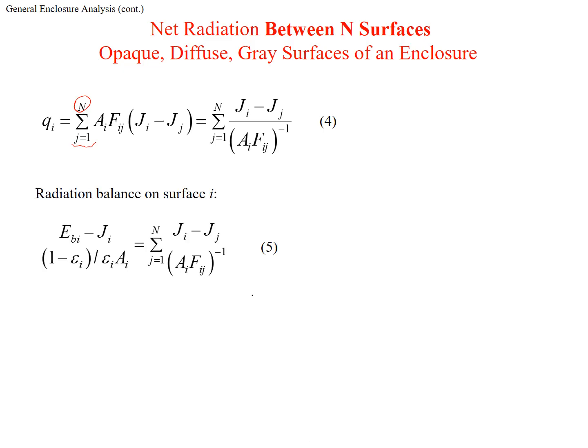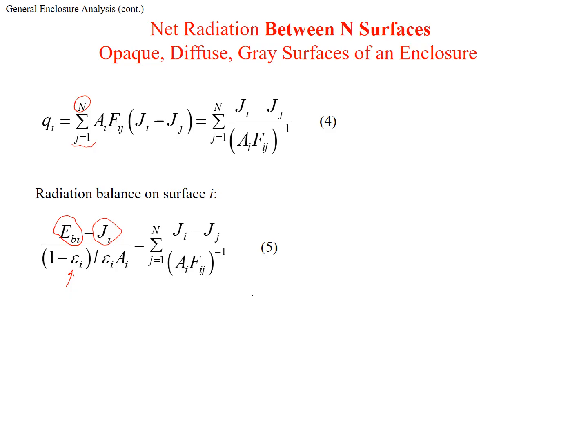Now, I can make this equal to the net radiation that goes off of surface 1. We already calculated the net radiation from surface 1 two slides ago as well, and that was in terms of the type of the surface. So I said that the net radiation from surface 1 depends on the difference between the black body emission and the radiosity of surface 1. We already said that, and we already came up with the surface resistance for that; we said it depends on emissivity.